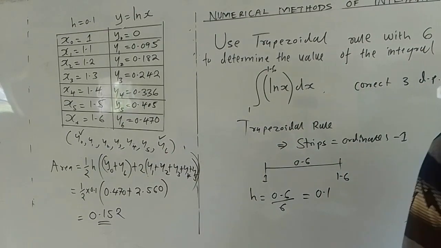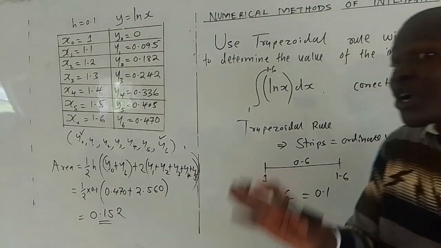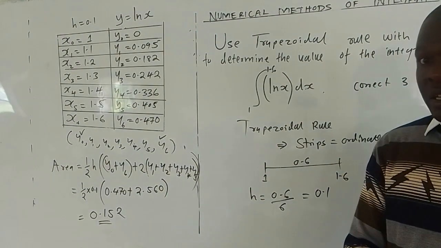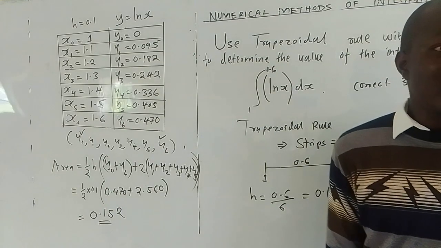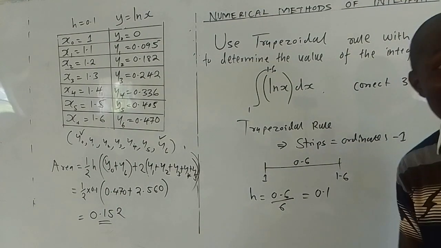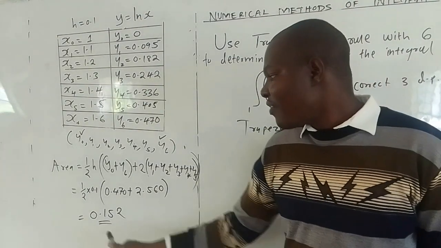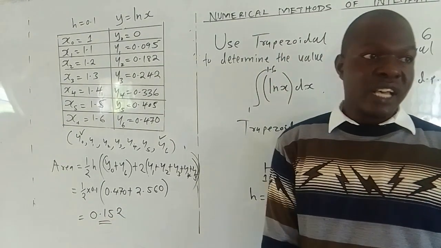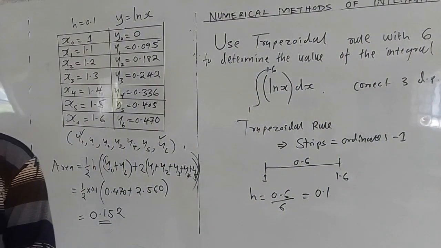If it was more than 3 decimal places, they were approximately not going to be all the same, isn't it? One might have been 0.1522, the other one might have been 0.1519. But in 3 decimal places, the 3 rules gave us the same answer. Trapezoidal with ordinate and the Simpson's rule.